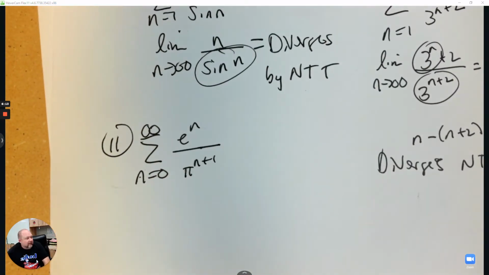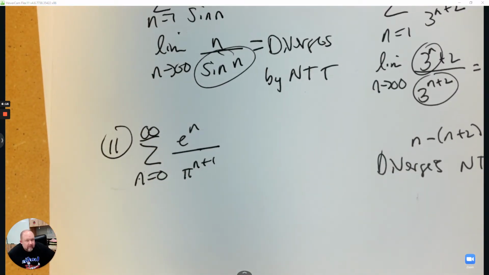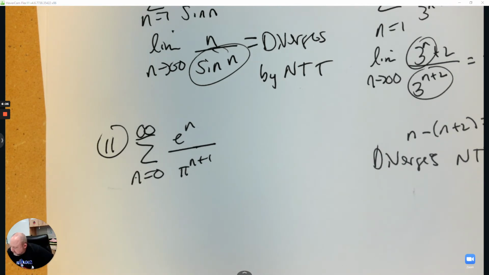So again, when you think of this, did I write it down correctly? e to the n over pi to the n plus 1.